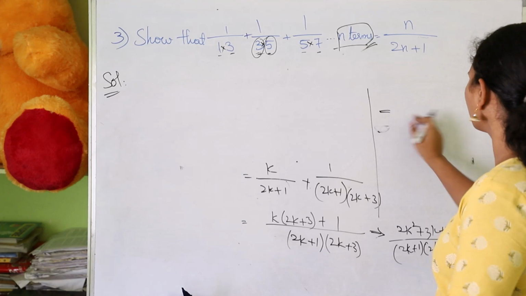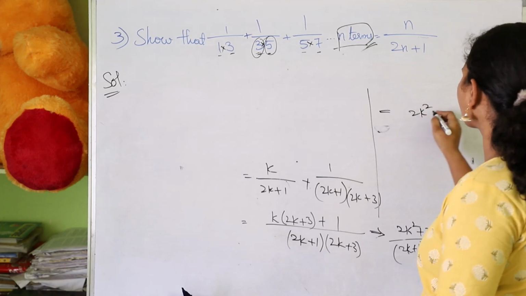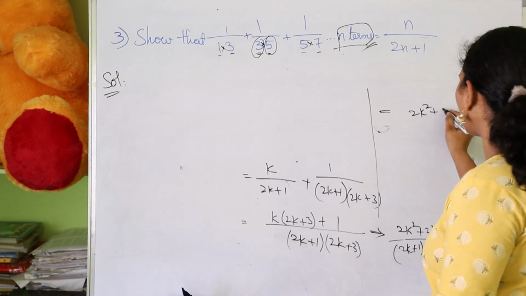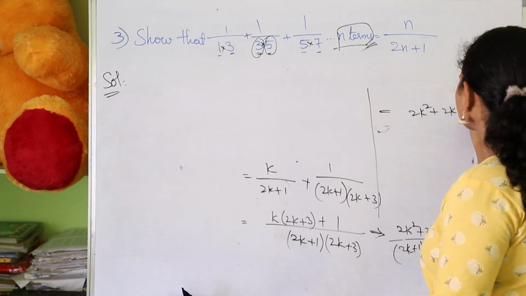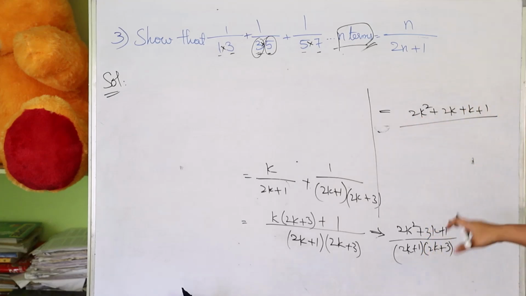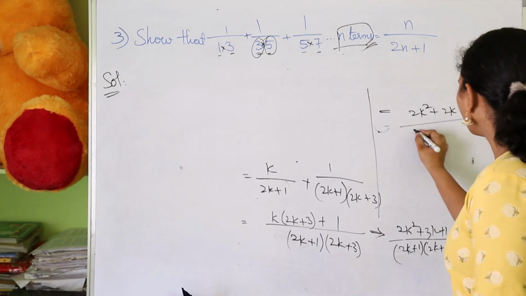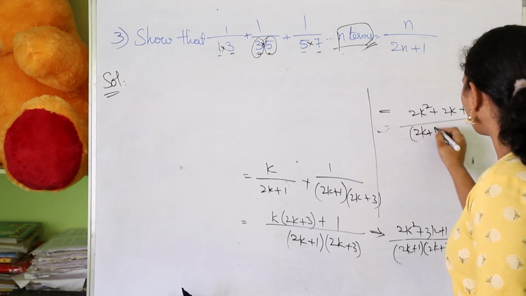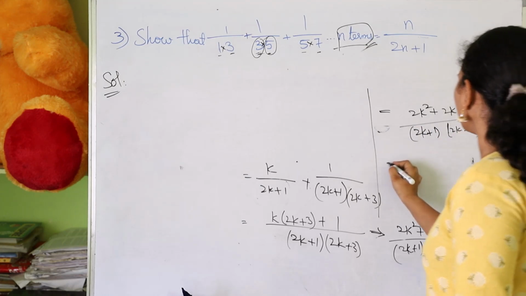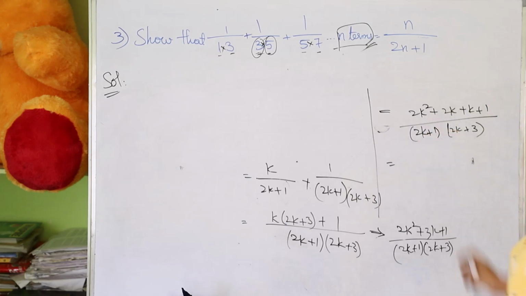So instead of 3k, I would like to write 2k plus k. 2k plus k gives 3k. So I am going to write it like this, with the denominator as it is, and 2k square as it is.